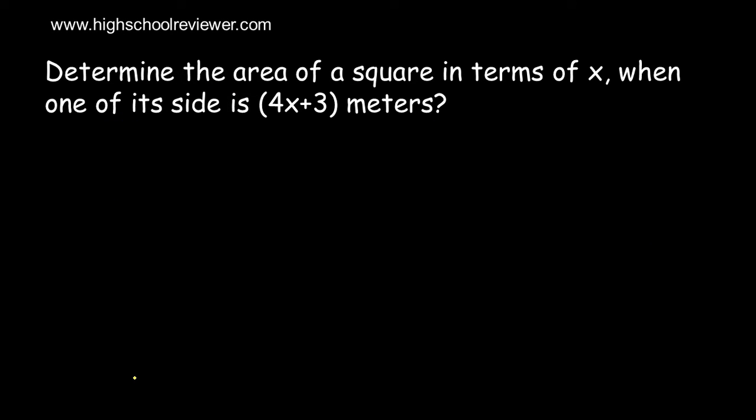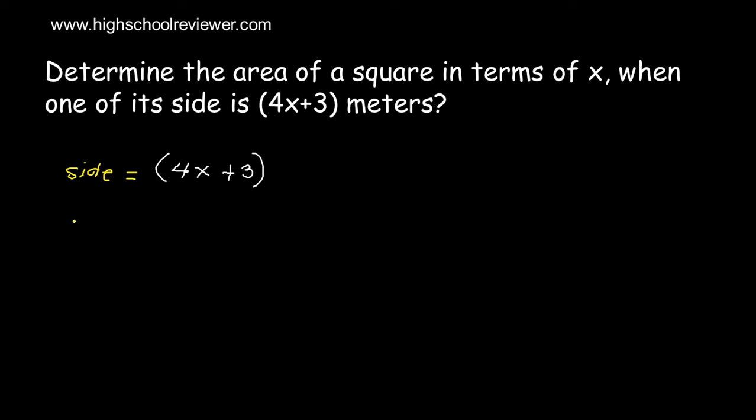Next, we have: determine the area of a square in terms of x when one of its sides is the quantity of 4x plus 3 meters. We have here the side. So the side now of the square is equal to the quantity of 4x plus 3. And then we are going to find the area.